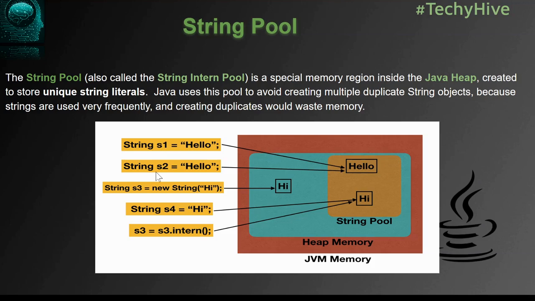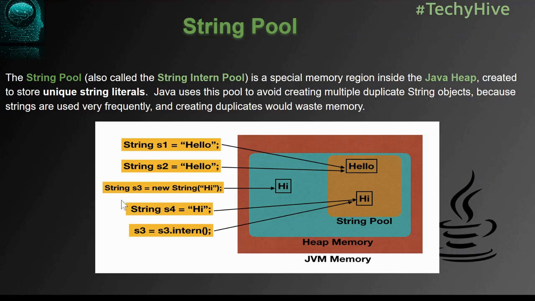Next, when we create another string object, s2 = "hello", the JVM knows that this hello literal is already there, so there is an object in the string pool. So it will assign the same reference to s2. The values of s1 and s2 are the same and they point to the same object in the string pool.